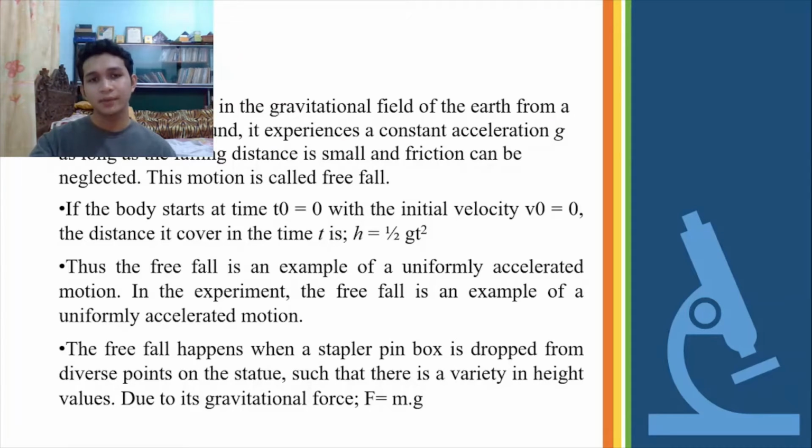In the experiment, the free fall happens when a stapler pin box is dropped from diverse points on the statue such that there is a variety in height values, due to its gravitational force, F equal to m times g.